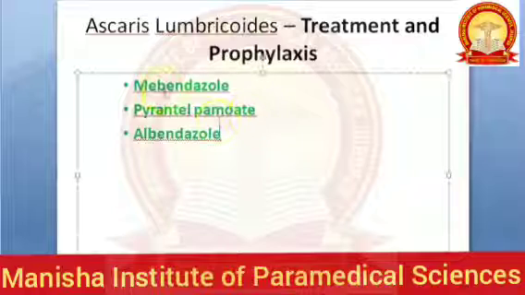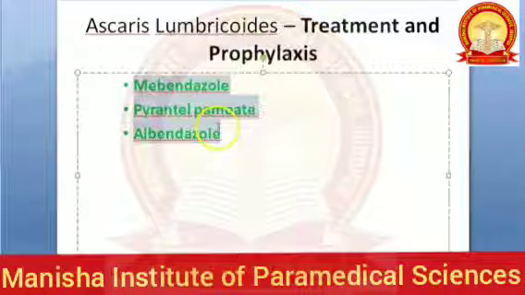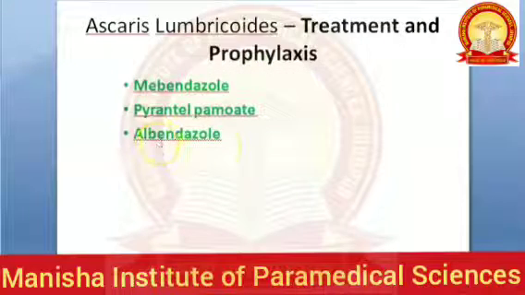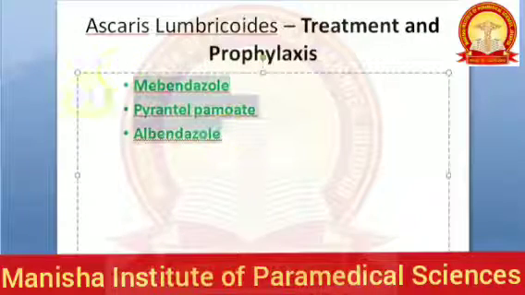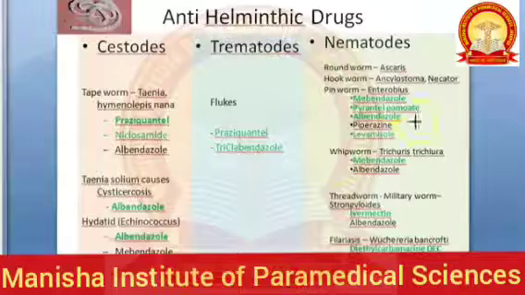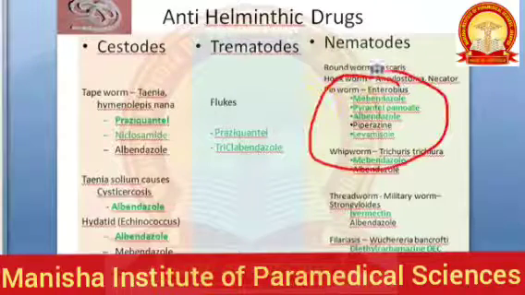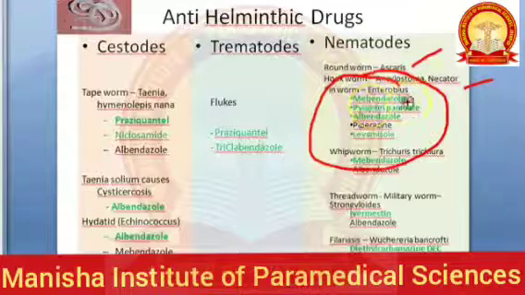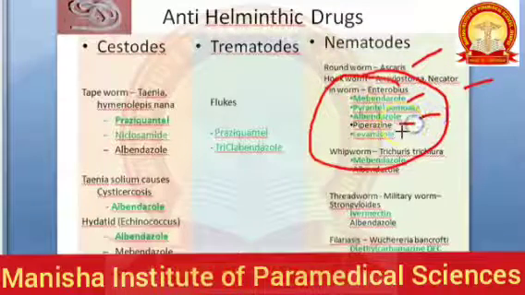Coming to the treatment, mebendazole, pyrantel pamoate and albendazole are the first line drugs for nematodes. For ascaris, hookworm and pinworm, these are the drugs: mebendazole, pyrantel pamoate and albendazole.